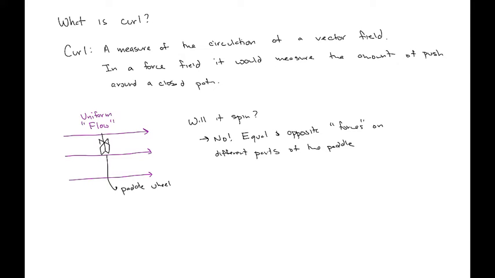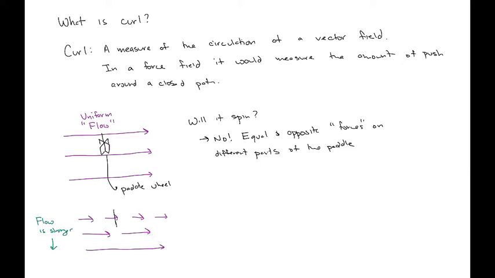Okay, let's draw another type of vector field. In this case, I'm going to draw a field where the strength of the field actually gets stronger down the page. The way I've drawn these vectors, we're going to assume that the flow is stronger down the page. And the same thing, I'm going to draw a little paddle wheel in here.